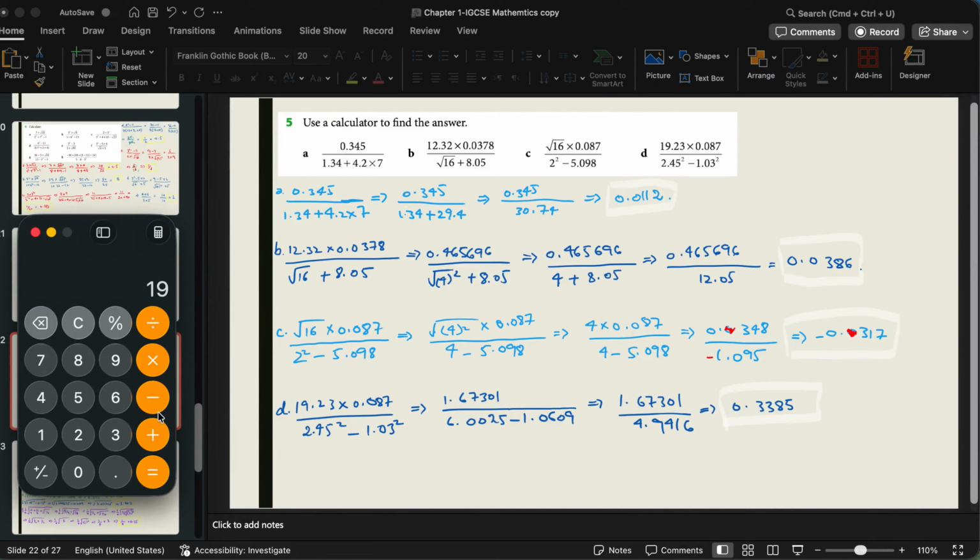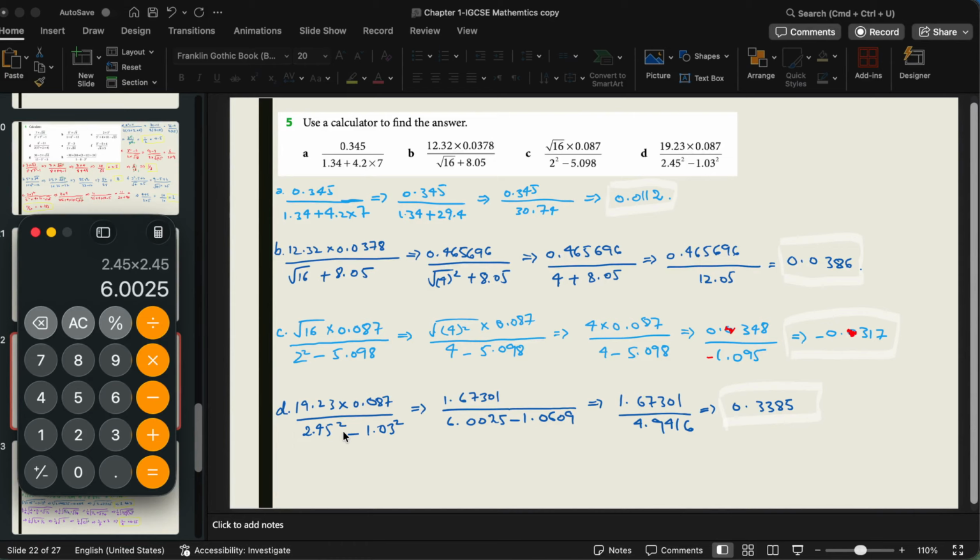So 19.23 multiplied by 0.087 is equal to 1.67301 as recorded in here, and in the denominator we have 2.45 multiplied by 2.45, because that's what the square means, right?